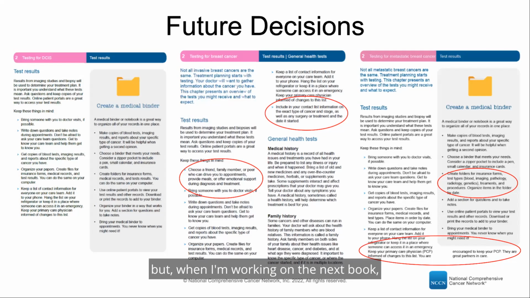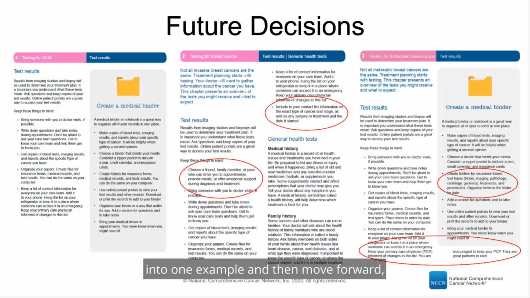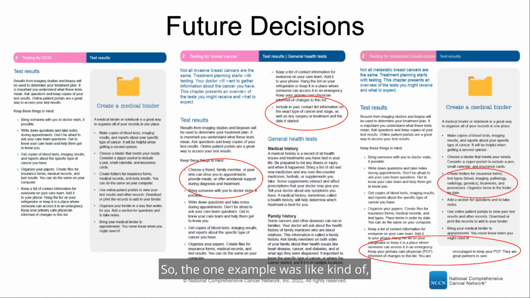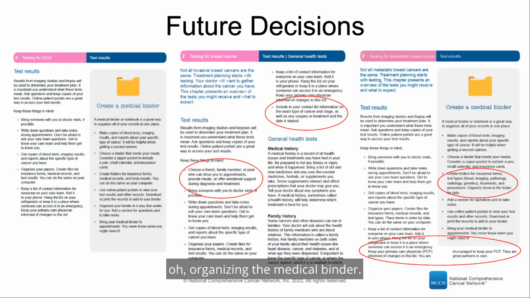But when I'm working on the next book, I can now combine what I think are the best suggestions into one example, and then move those forward as a unit. So the one example was keep a primary care provider, make sure you want them, and organizing the medical binder.